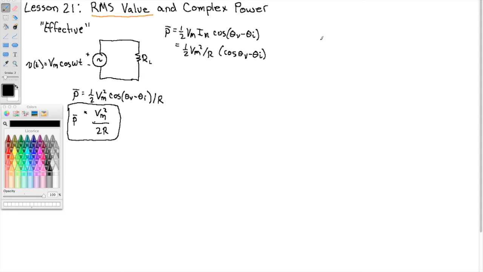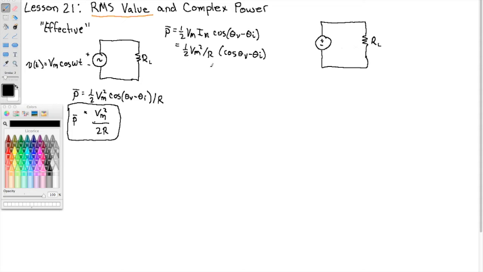Consider now a DC circuit. Everything was so nice with DC. We didn't have to worry about average powers and all this stuff. All right, let's consider this DC circuit, and we're going to make the load resistors the same in both experiments here.